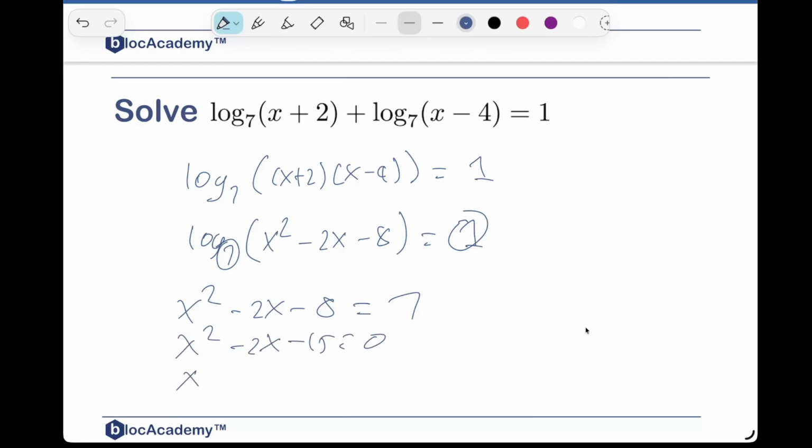This is just going to be a very basic quadratic. So we know x equals minus 3 or x equals 5. However, if we were to plug in x equals minus 3, we will learn that it does not exist. Some of these expressions would be incorrect. And so the only correct option is x equals 5.